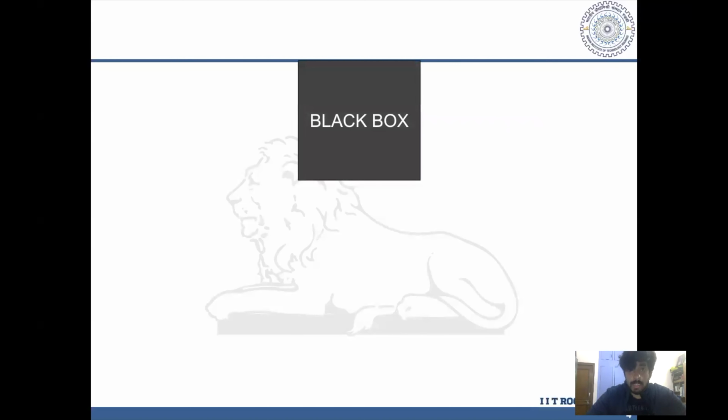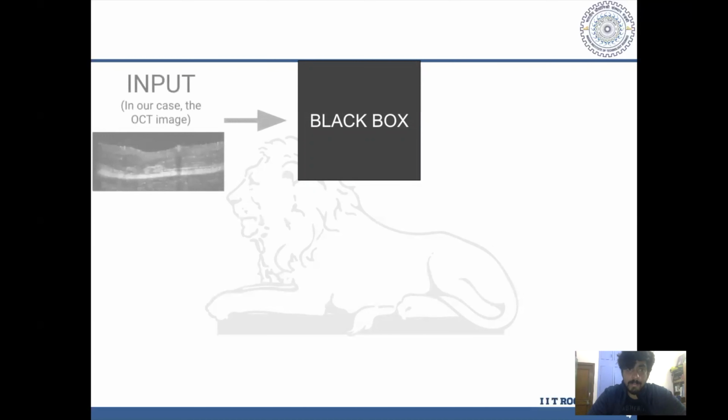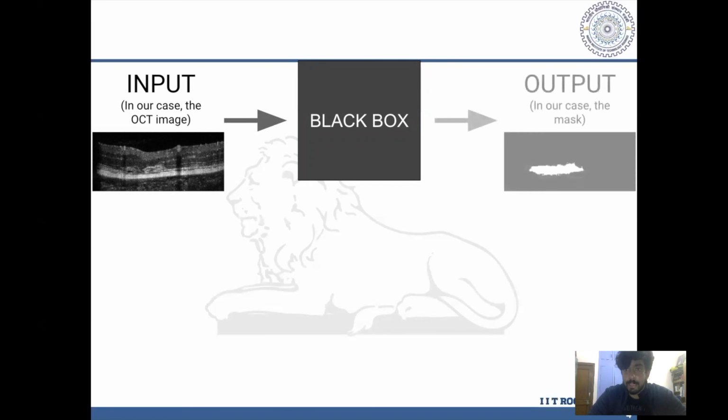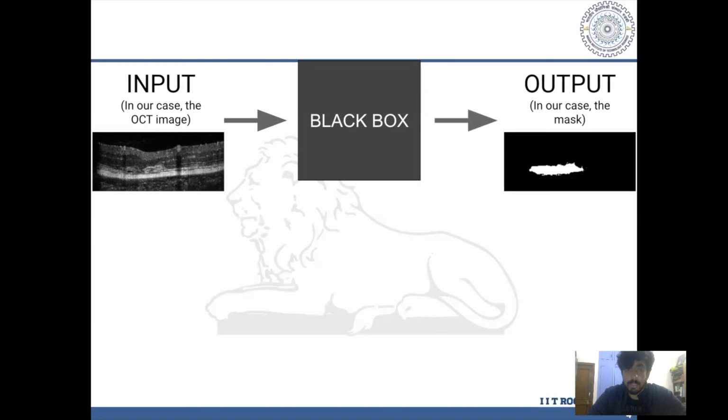So, what are neural networks? Neural networks can be perceived to be a black box, which, when fed with an input image, which in our case would be an OCT image, gives out on the other end an output, which in our case would be a mask, right? This mask, when overlaid on the input image, the white region would superimpose on the tumor region in the input image, as you can see.